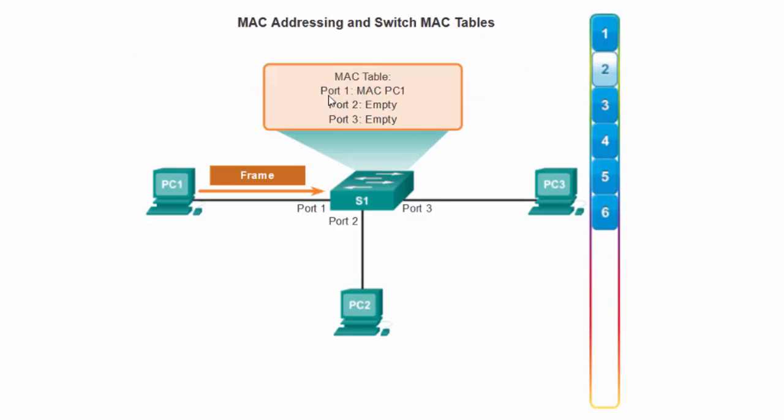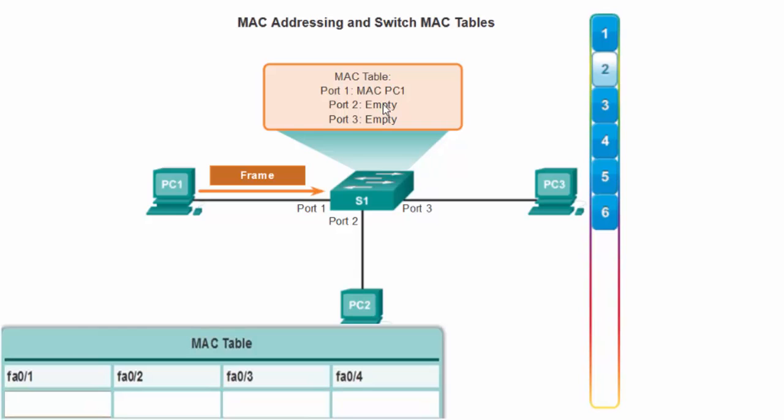So the MAC table will now have one piece of information: port 1 connects to PC1. Again, when the switch looks up the destination MAC address, which is the MAC address for PC3, it finds that it does not have this entry in the MAC table. So it doesn't know whether this destination address is connected to port 2 or port 3.